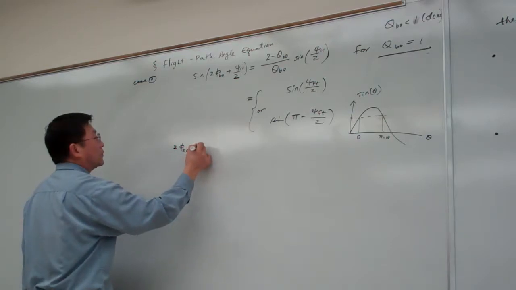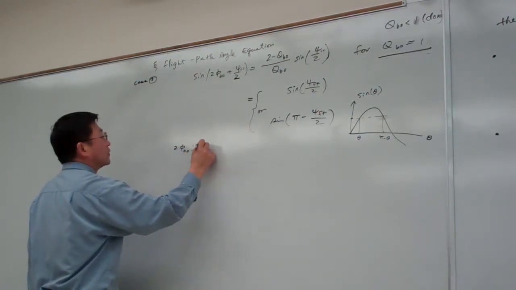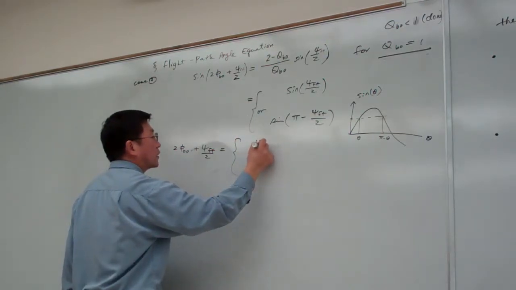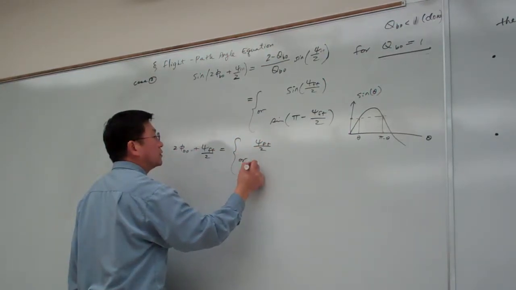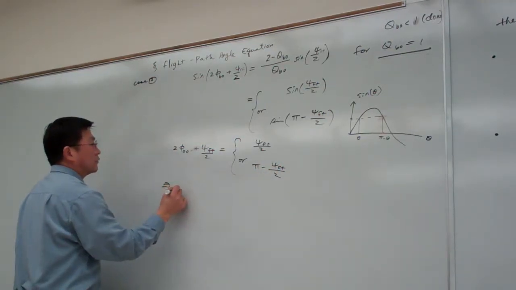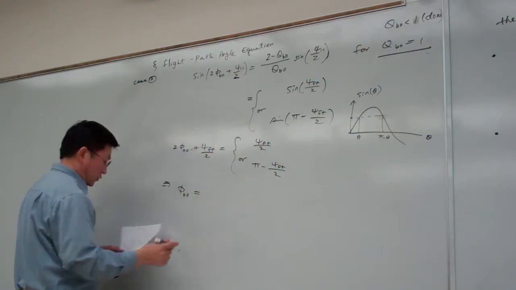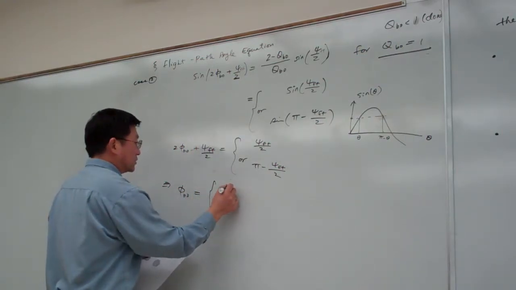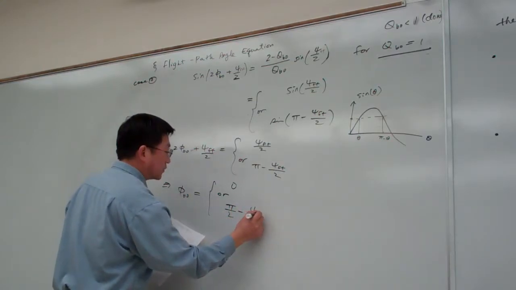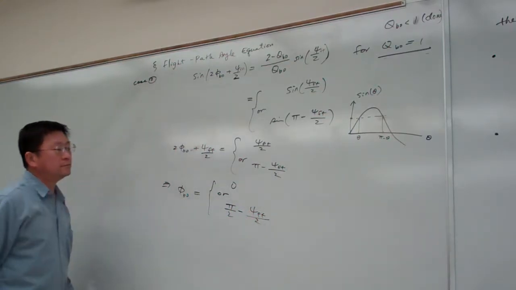VBO plus VFF over 2 equal to VFF over 2 or pi minus VFF over 2. Therefore VBO will be equal to two values, either 0 or pi over 2 minus VFF over 2.